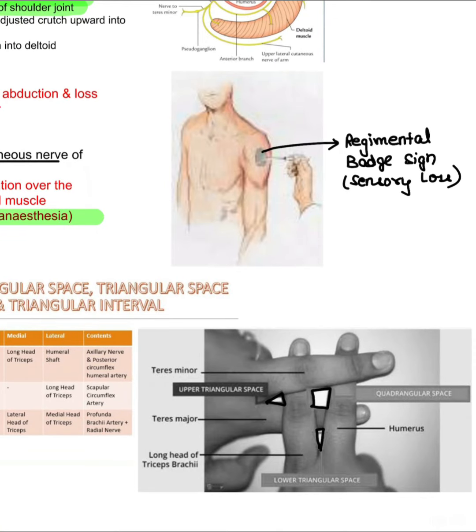Basically, this is the humerus. This one is the teres major, this one is the teres minor, this one is the shaft of the humerus, and this one is the triceps muscle.